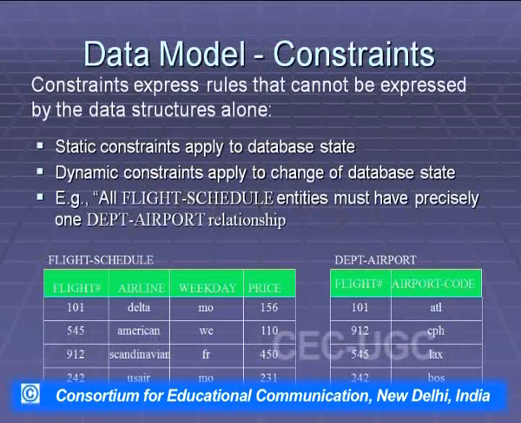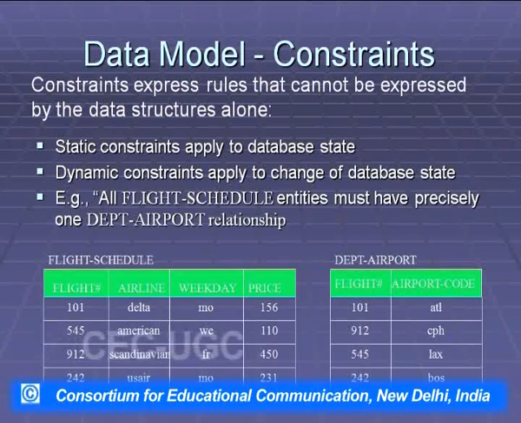Now, data model constraints. Constraints express rules that cannot be expressed by data structure alone. Many things can't be defined just using that. Static constraints apply to the database state. Dynamic constraints apply to the change of database state.